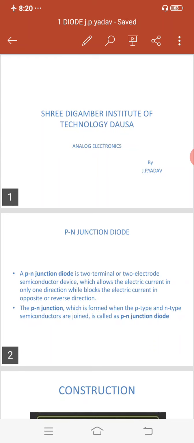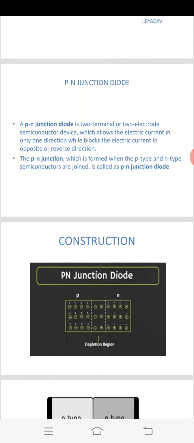P and N material are joined with doping. In a P type substrate we dope N type impurities, or in an N type substrate we dope P type impurities. We can make a PN or NP diode like that.